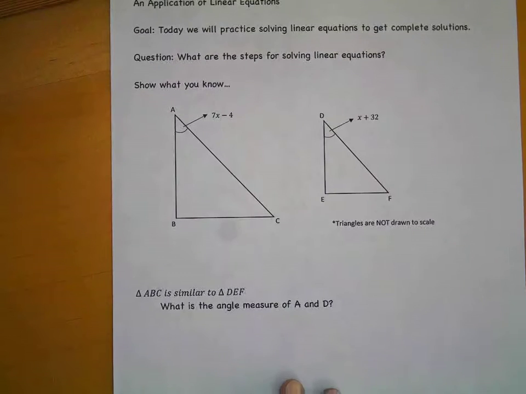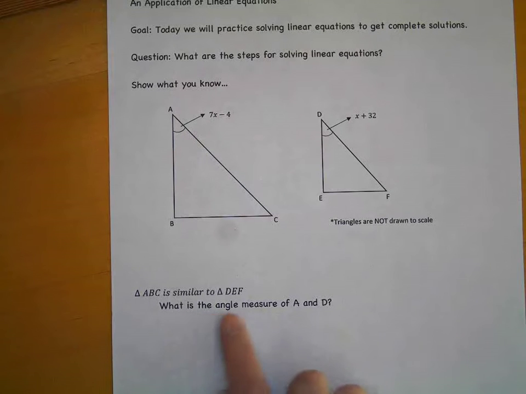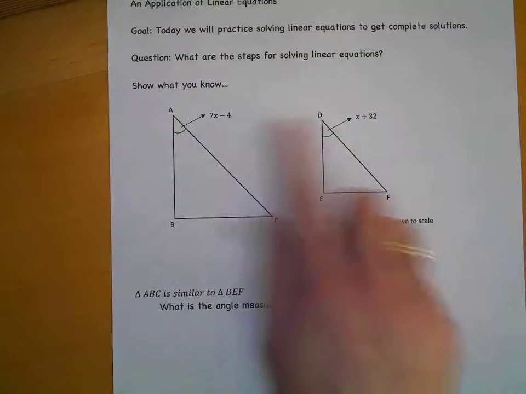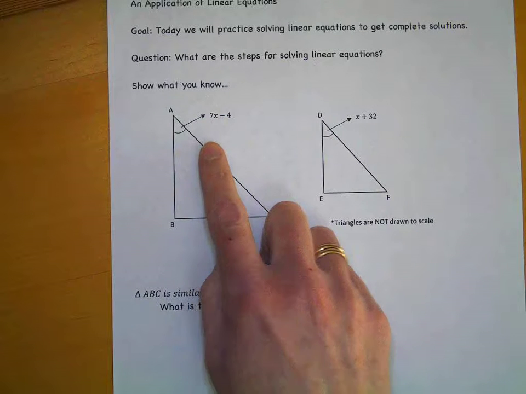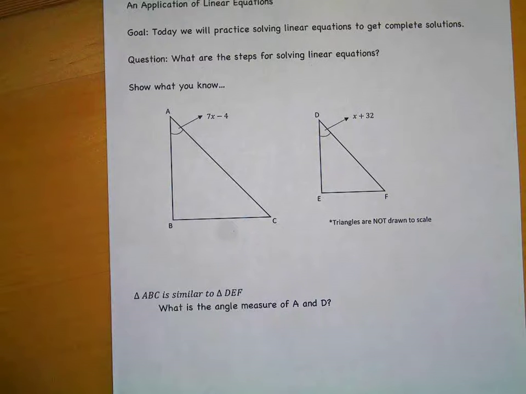So the question I would like you to figure out is, what is the angle measure of angle A and angle D? In order to figure that out, we use what we know about them being similar, which means they're equal, and we have to remember the steps for solving a linear equation.